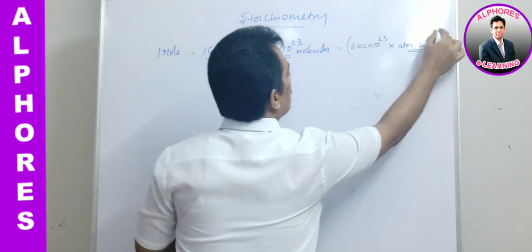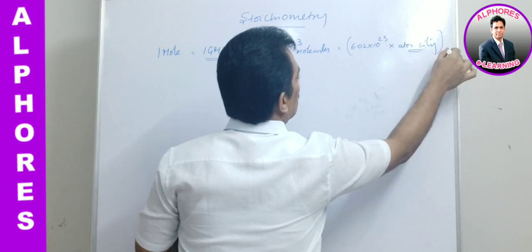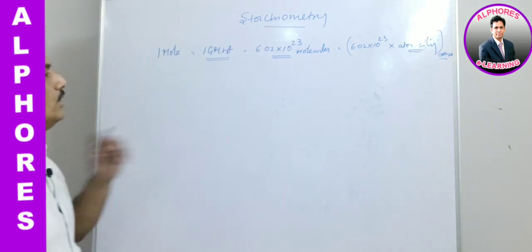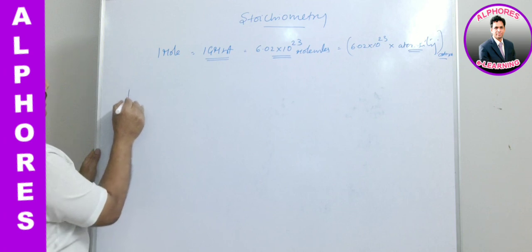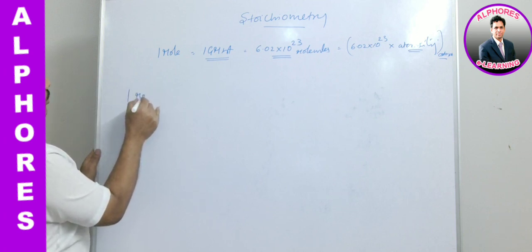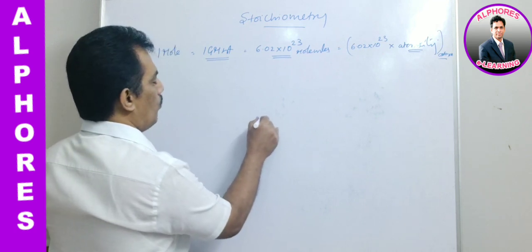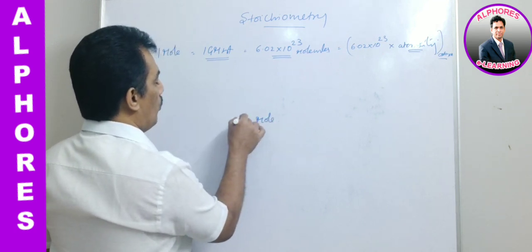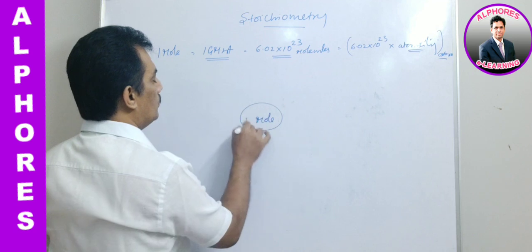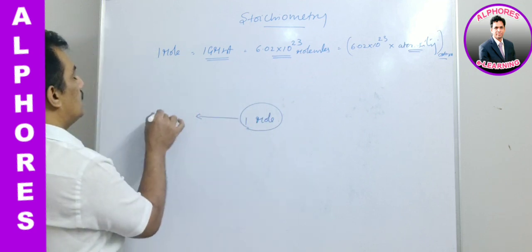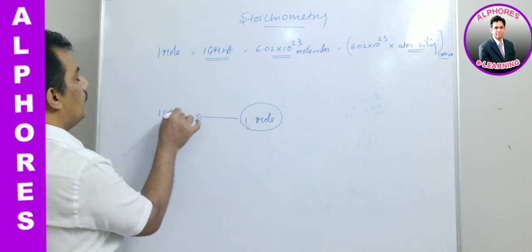This is for atoms, is it not? Clear? And now including GMV, we can say like this: let me write the wagon wheel. 1 mole is equal to, in weight, 1 gram molecular weight.